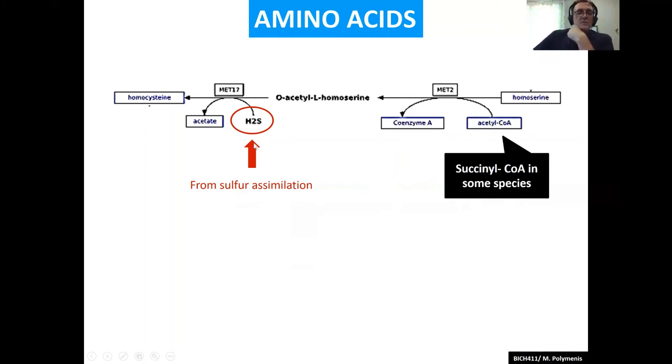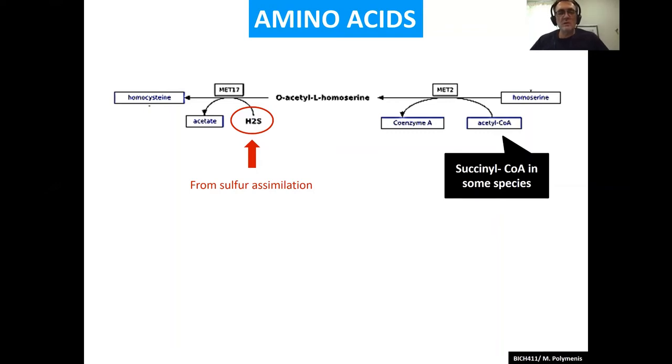The sulfur comes in the organisms that can do this reaction. As I said, we cannot do it. We take our methionine straight in the diet from organisms that can do this reaction. And H2S, hydrogen sulfide, is how sulfur gets assimilated. It's an essential step.